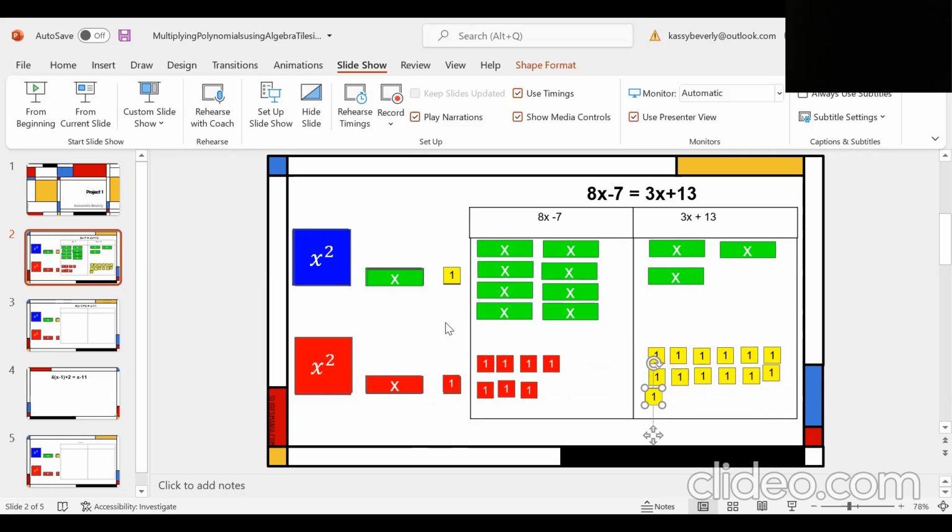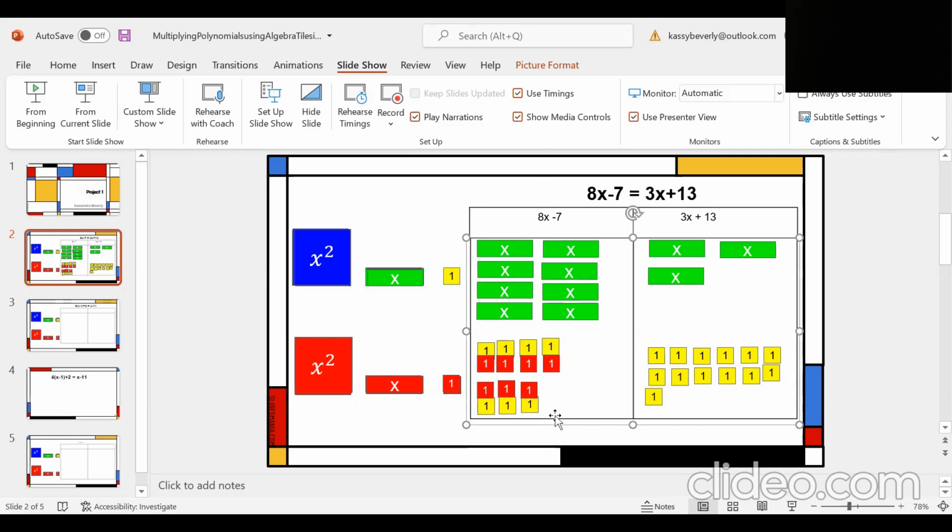All right, now to find out what x equals, we're going to start simplifying. So we know that we have negative 7. To cancel these, we're going to add 7 to the first column. So 1, 2, 3, 4, 5, 6, 7.